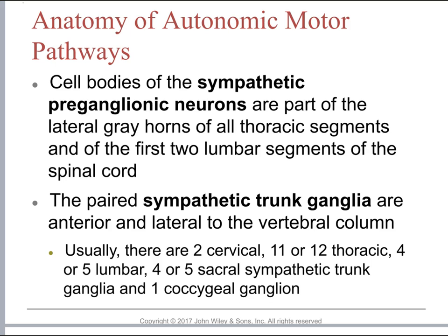Remember, the cell bodies of our sympathetic preganglionic neurons are part of the lateral gray horns of all 12 thoracic segments and the first 2 or 3 lumbar segments of the spinal cord. The paired sympathetic trunk ganglia are anterior and lateral to the vertebral column. Usually there are 2 cervical, 11 or 12 thoracic, 4 or 5 lumbar, 4 or 5 sacral sympathetic trunk ganglia, and 1 coccygeal ganglia.